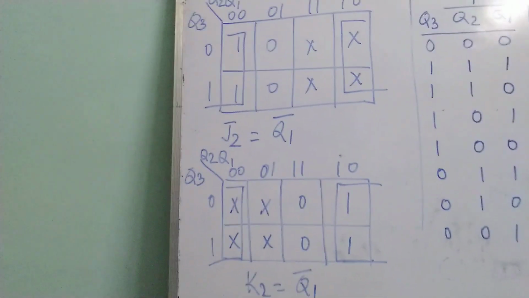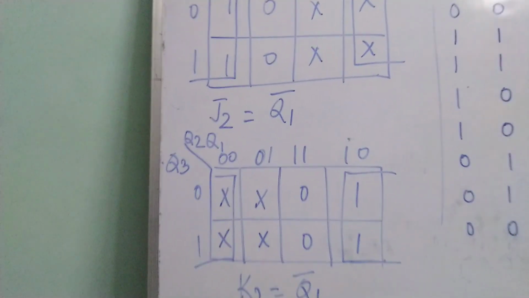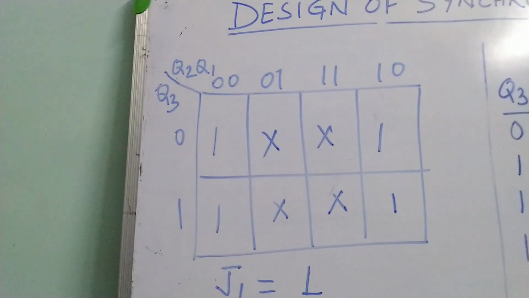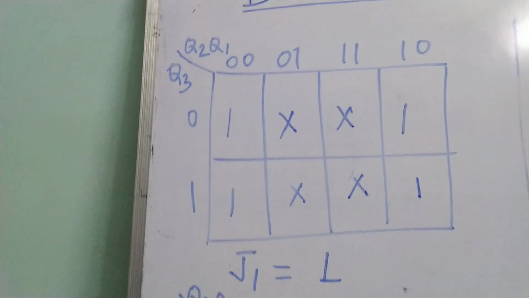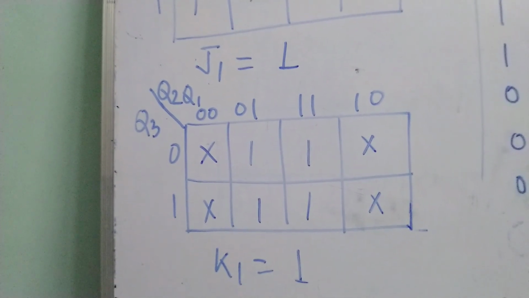So J2 and K2 both are Q1 bar. For J1, we put all the values from the J1 column, and easily we get J1 is equal to 1. Similarly, for K1, it's also 1.